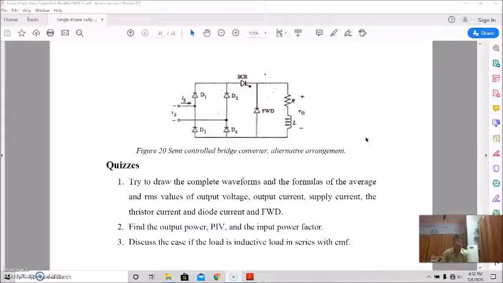If you try out these questions on your own, it will clear your understanding, and I think in future you won't get any problem with single phase AC to DC controlled rectifier circuits.